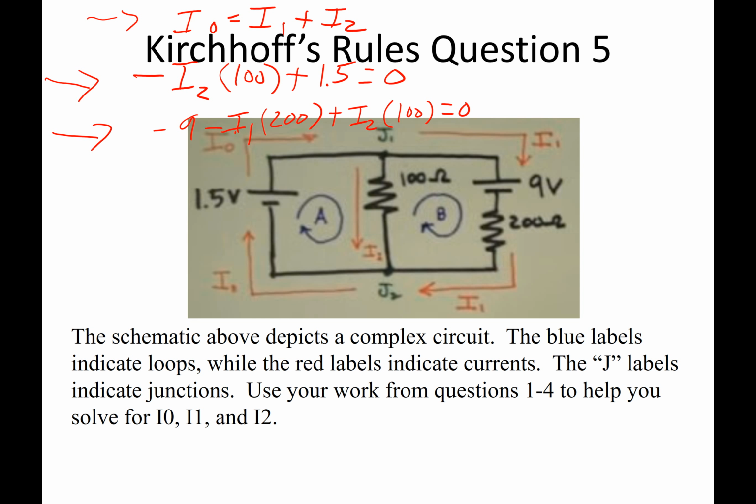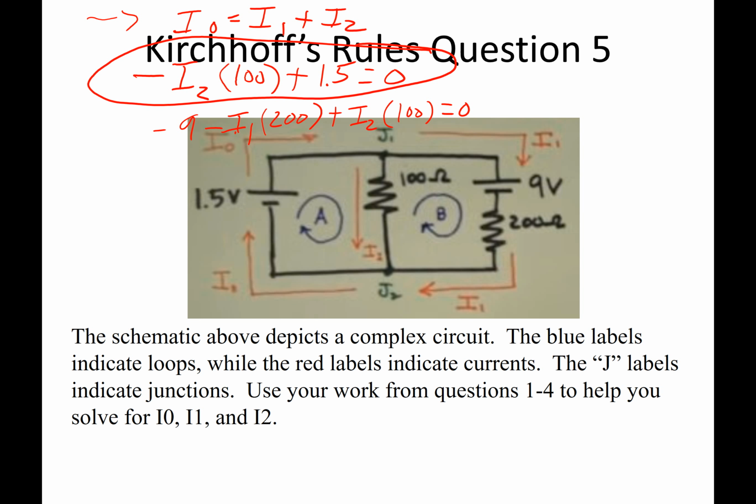We're asked here to find the currents. To find those currents, we're first going to take these bottom 2 equations, and we need to solve one of them for a variable because we have 2 unknowns. So I'm going to take this equation and solve it for I2.